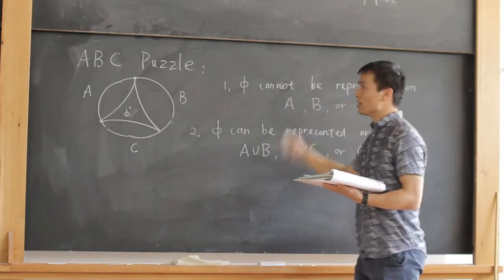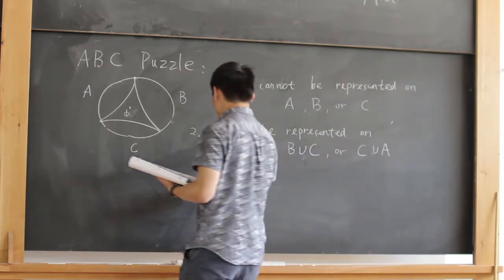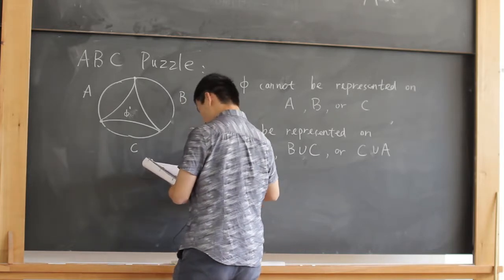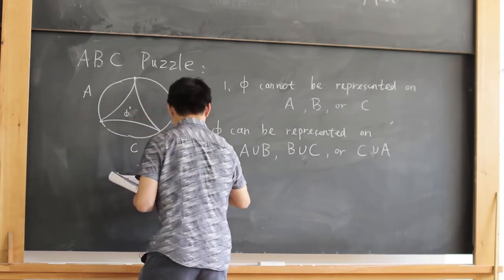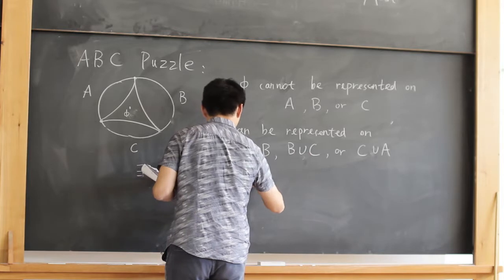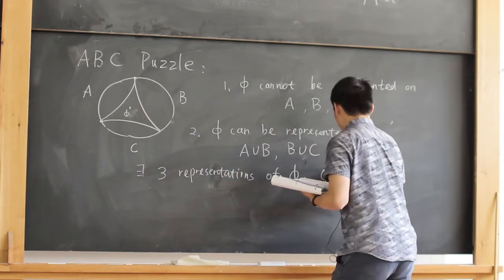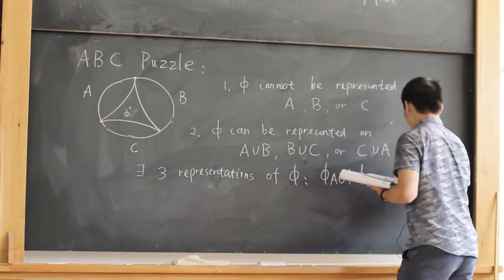So according to the rules that we discussed, phi should have a representation on that boundary region. So there exist at least 3 representations of phi. We can call them phi AB, phi BC, and phi CA.